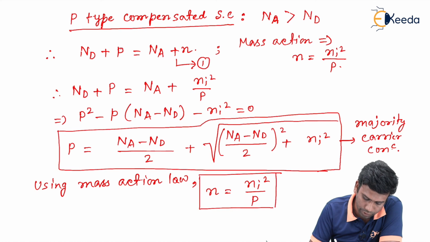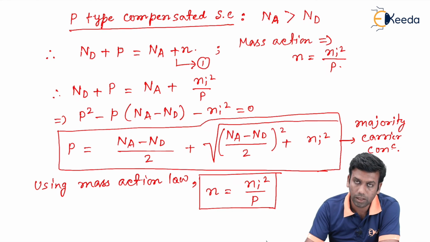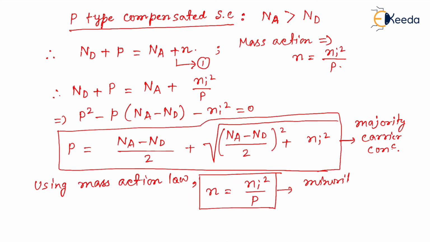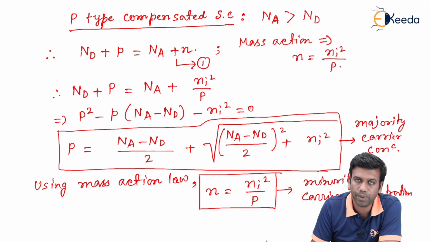So these two equations will give the majority and the minority carrier concentration in a P-type compensated semiconductor. So this is all about the procedure of calculation of minority and majority carrier concentration in a P-type compensated semiconductor. Thank you.